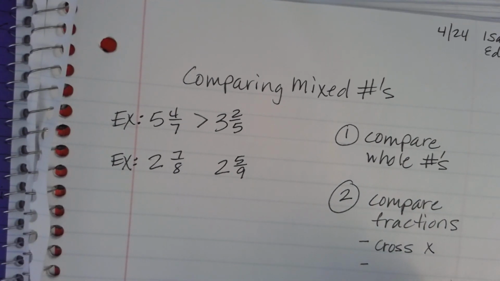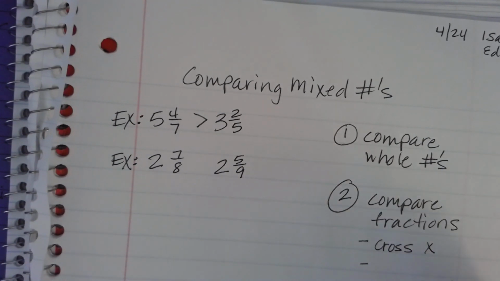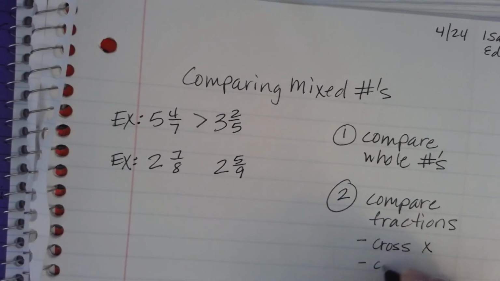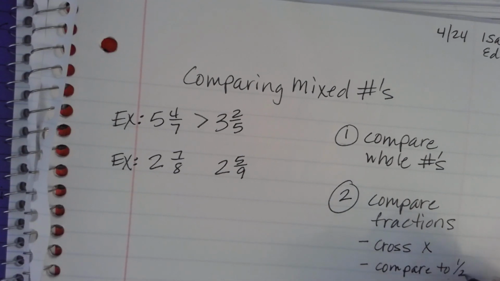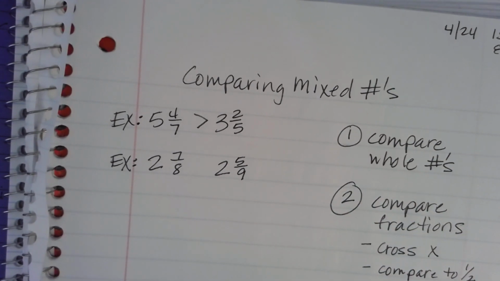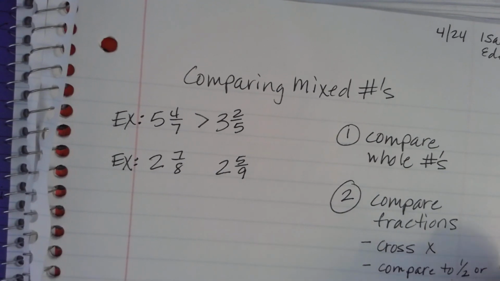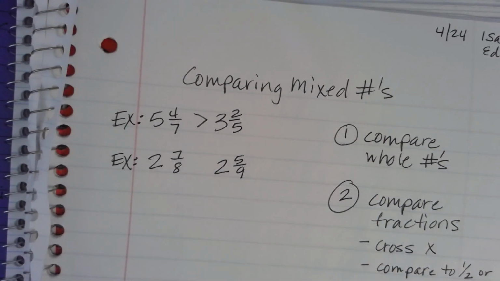Allison with an E. You can see which one's closer to a half. Yeah. So you can compare them to a half, right? Or 1, right? Or a whole.